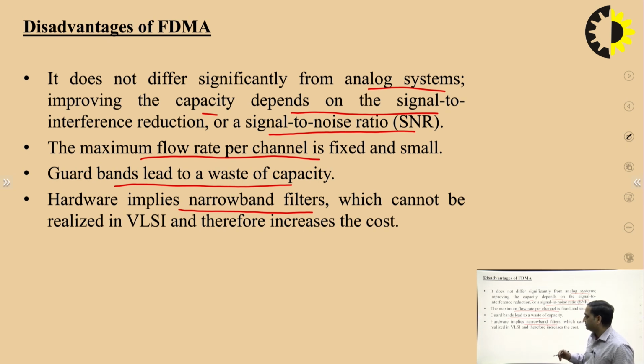And then the hardware implies narrowband filters, because when we convert the wideband to a narrowband system, narrowband filters are required, which is hardware and very costly in nature. So we always try to remove this kind of filters or hardware, so that we can reduce the complexity of the system.